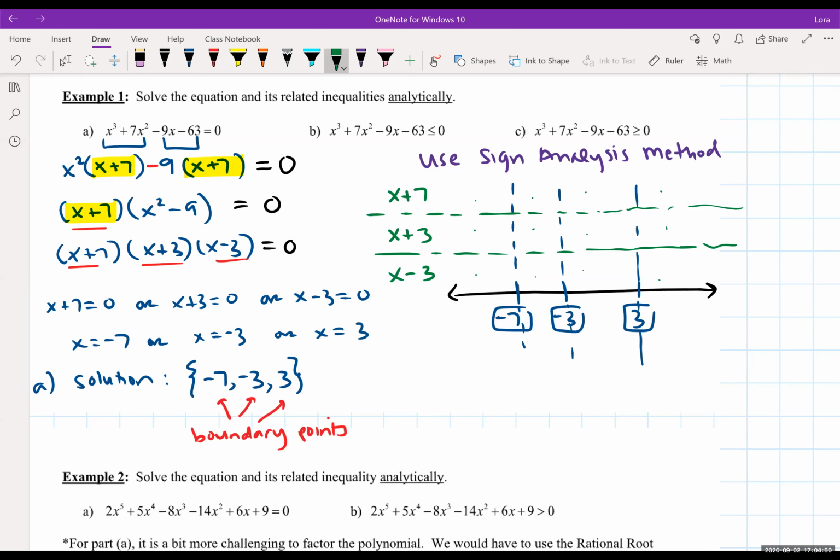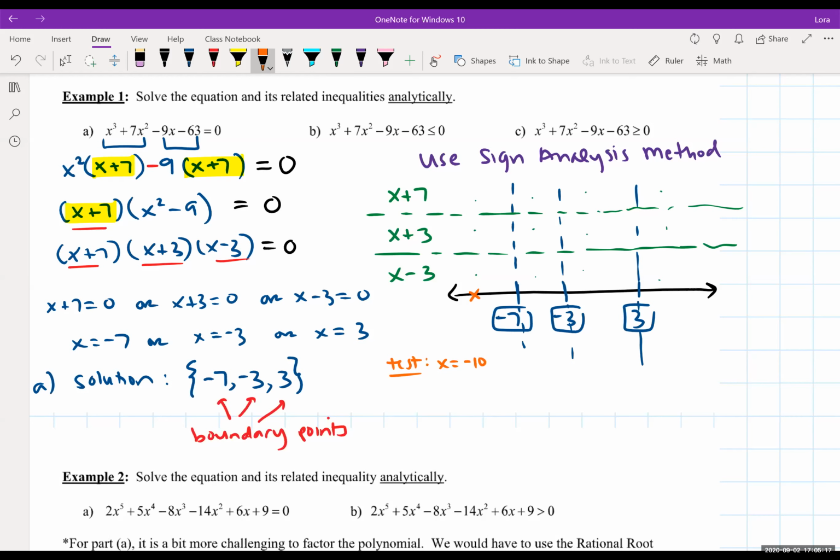Now, you probably had a lot of practice from section 3.3, but the idea is to pick a test point in each region and plug it into the factors on the left to get the sign of each region. So I'll start off by showing you, if I'm picking a test point, like for example, I'm testing x equals negative 10. That comes in the region on the far left.